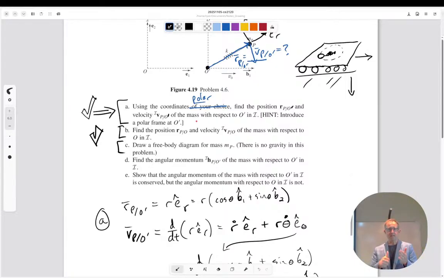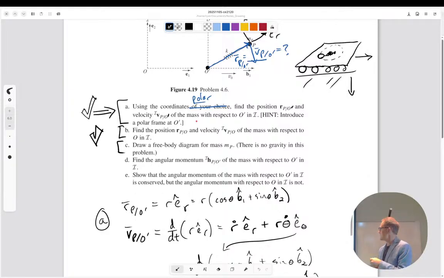So far we've defined kinematics, and when we define kinematics, we're just choosing a coordinate system and identifying degrees of freedom. Like what are we actually calling the degrees of freedom, r and theta in this case.